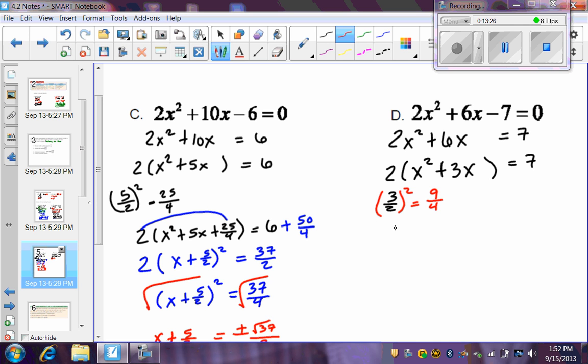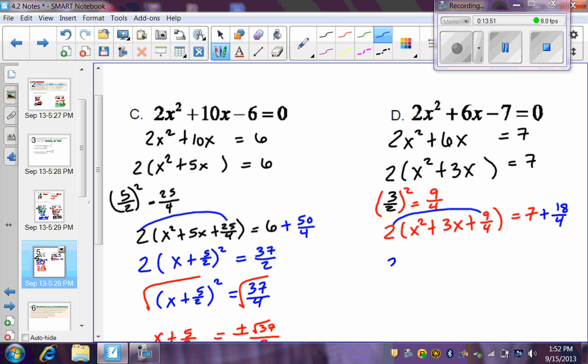So now I have 2 times (x squared plus 3x plus 9 over 4) equals 7. But what we have to add to the other side is actually the product of 2 and 9/4. So that would be 18 over 4.